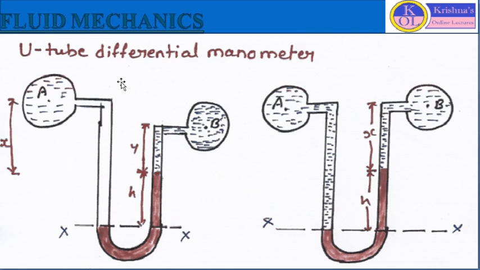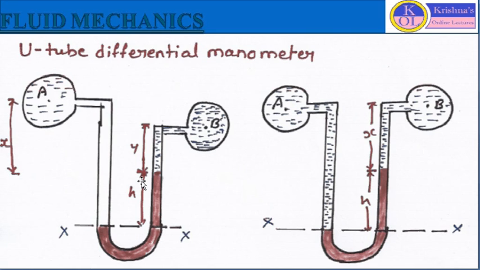In this first condition, you can see this diagram. Here we are considering one U-tube, and the heavy liquid is filled into this U-tube, and the left limb is connected to point A, and the right limb is connected to point B. You can see here that point A and point B are at different levels. There is some level difference between point A and point B. Here we have to find out the difference of pressure between point A and point B, which are connected to one U-tube manometer.